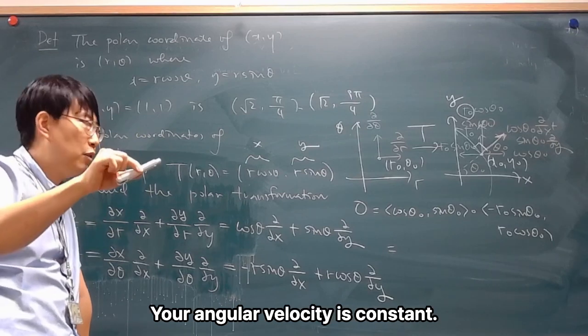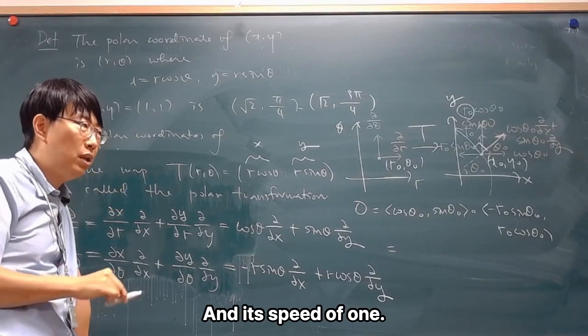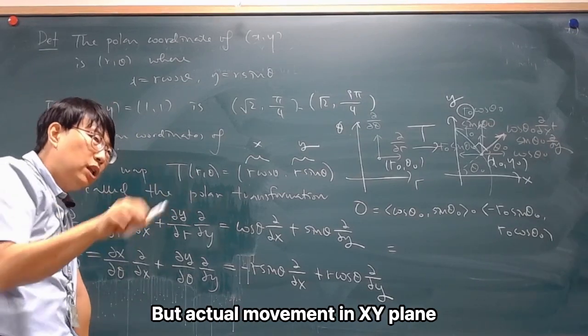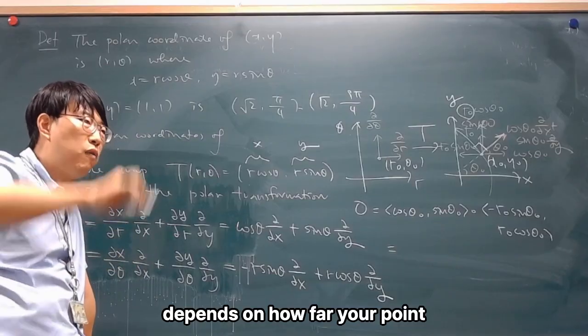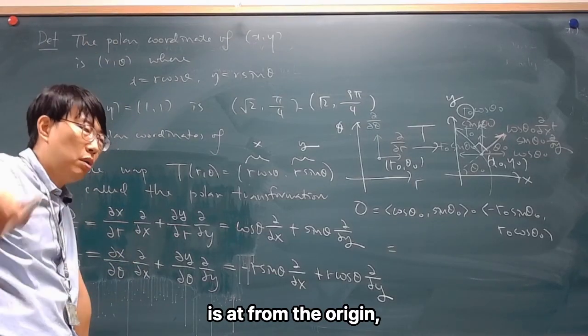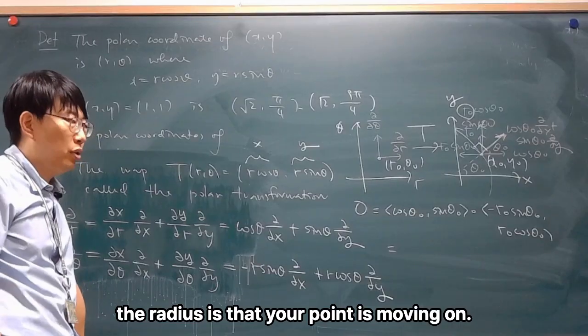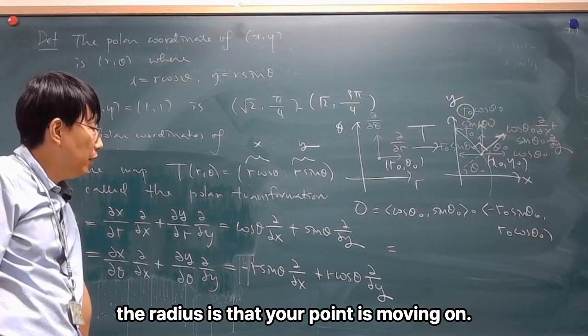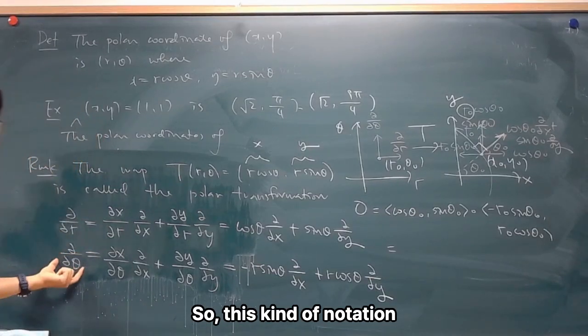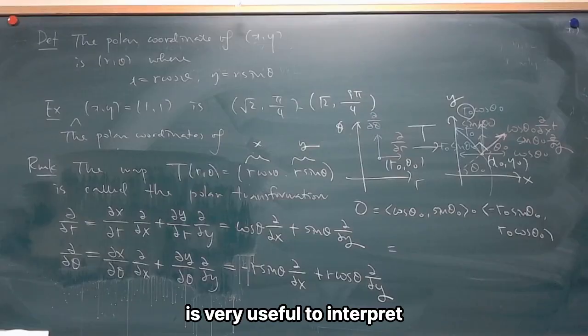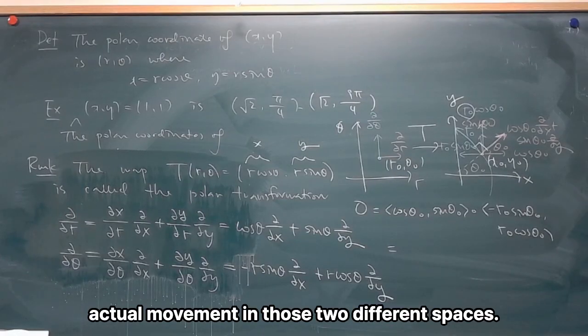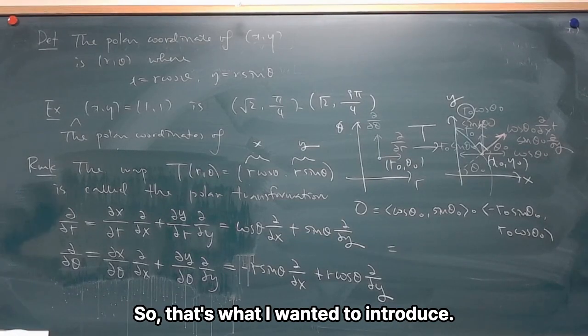Your angular velocity is constant and its speed is 1. But the actual movement in the xy plane depends on how far your point is from the origin, which means how large the radius is that your point is moving on. So this kind of notation is very useful to interpret actual movement in the two different spaces. So that's what I wanted to introduce.